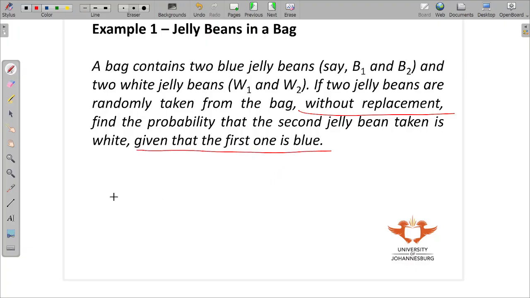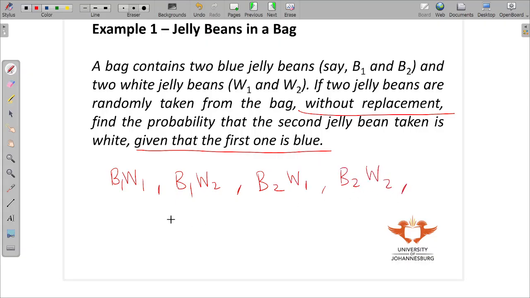Given that the first is blue, let's take blue as the first one. The second one, we want it to be white. So the second one could be W1, or W2. I'm just taking the first one to be blue, W1, W2.